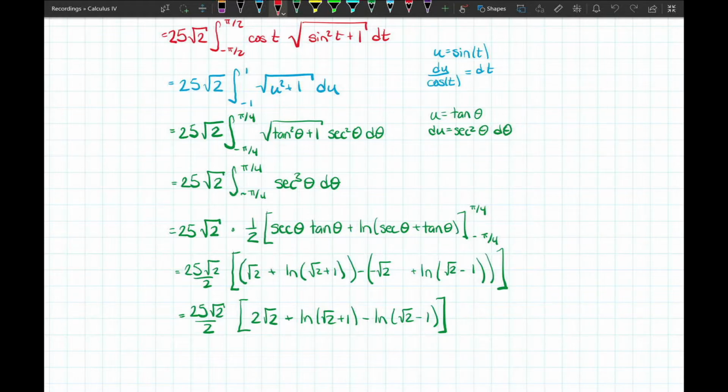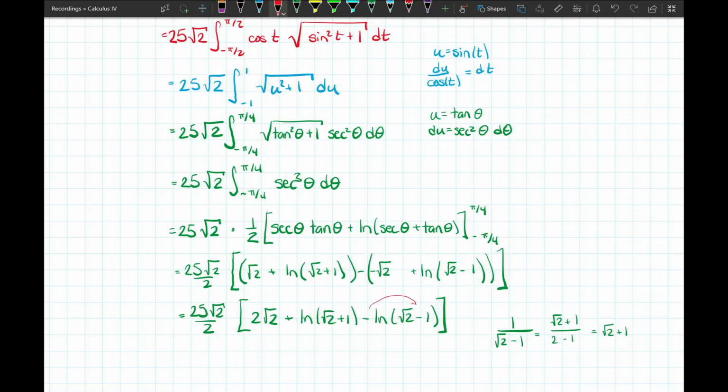And if you think about that for a moment, 1 over root 2 minus 1, if we take that 1 over root 2 minus 1 and multiply top and bottom by the conjugate, root 2 plus 1, then we'll end up with root 2 plus 1 over root 2 squared. Minus 1 times positive 1 would be minus 1. So we just end up with 2 minus 1 in the bottom, which is 1. Which gives us root 2 plus 1.